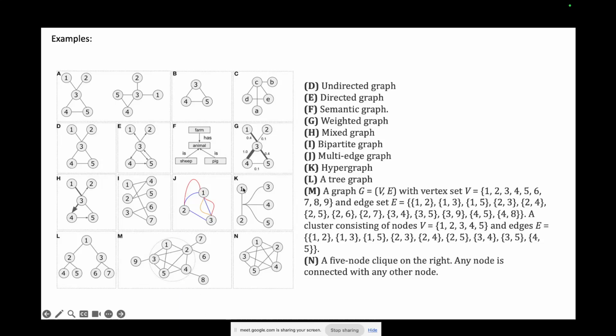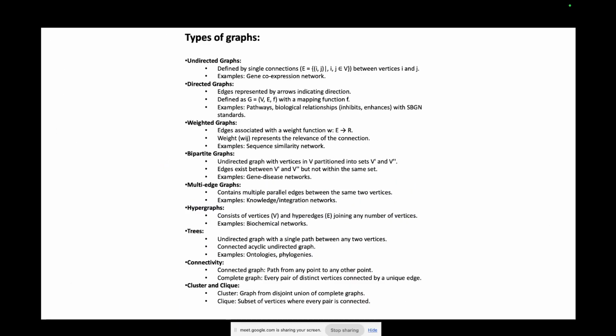So let us consider 1 and 2 as the biochemicals inside the reaction, and 3, 4, 5 as different types of enzymes that are influencing the reaction. So the edges do not originate from the nodes. The edges originate from the edge itself. This is another type of example that we'll encounter a lot in our cases. So this is what is known as a hypergraph. A good example of it is different types of biochemical reactions.